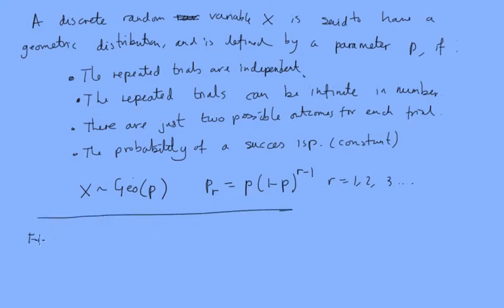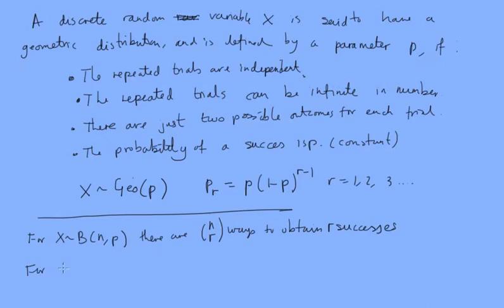For the binomial distribution, there are n choose r ways to obtain r successes.